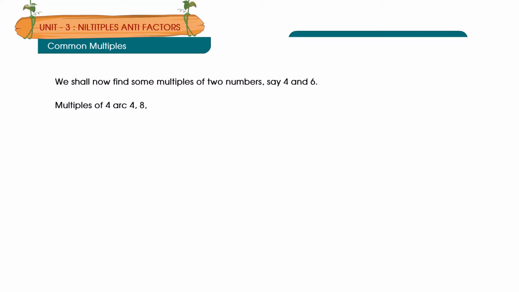Common multiples. We shall now find some multiples of two numbers, say 4 and 6. Multiples of 4 are 4, 8, 12, 16, 20, 24, 28, 32, 36, 40, and so on.